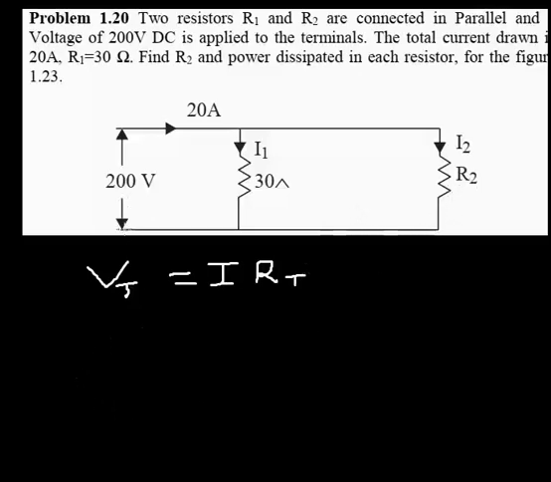Let's put the values. Here I have 200 volts. The supply voltage is going to be equal to the supply current, 20 ampere, which of course divides into these two branches, multiplied by the total resistance.